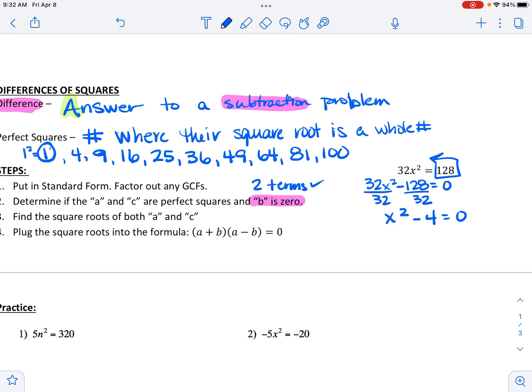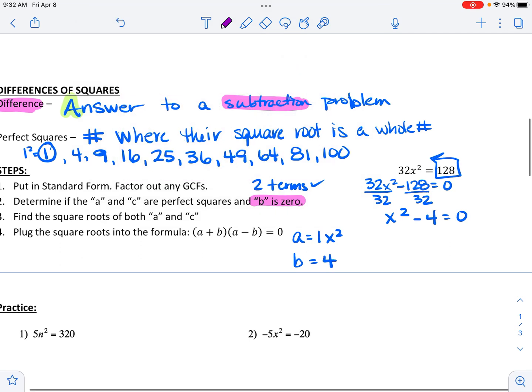So we now need to take the square root of both A and C. If A is 1x squared and C is 4, and I know I hate putting B in here, but that's what you're going to see when you get into Algebra 2, so I want to make sure you can see it.